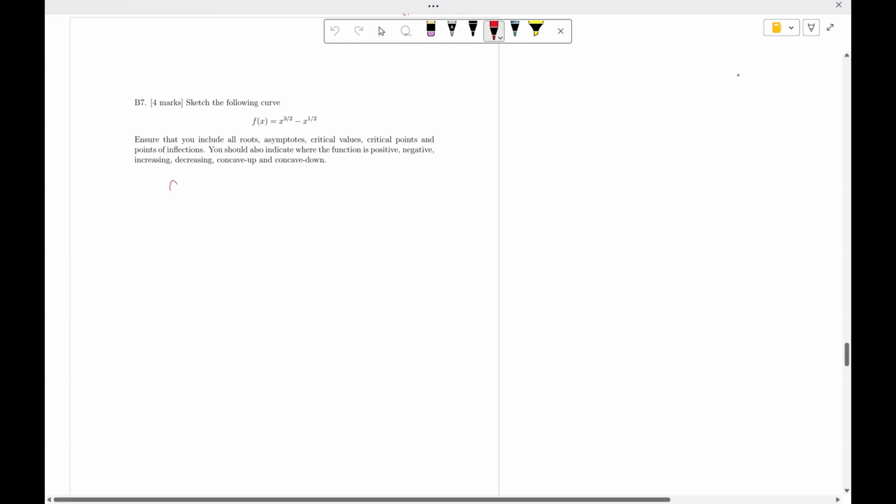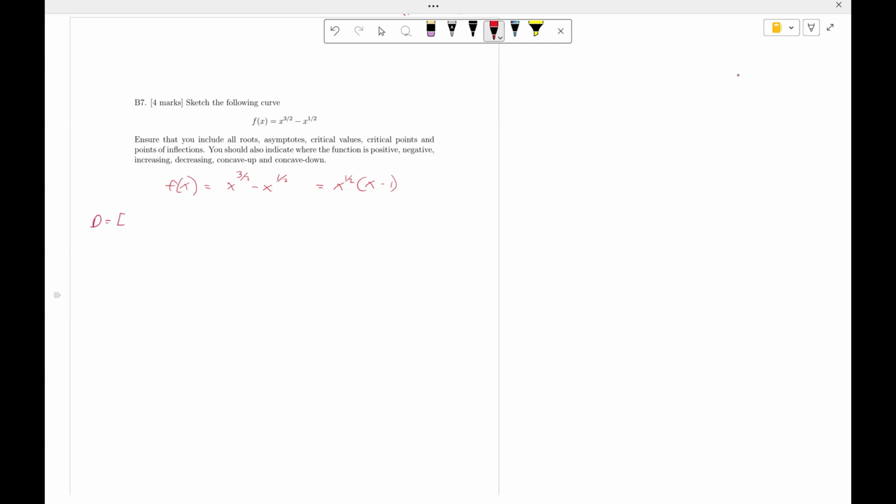So first thing we have with f of x is it's equal to x to the 3/2 minus x to the 1/2. First thing I like to do is factor this. So this is x to the 1/2 times (x minus 1). Now here, because of this square root, the domain is equal to 0 to infinity.